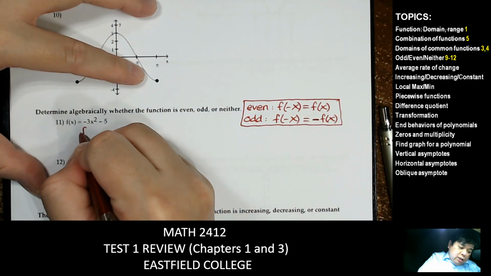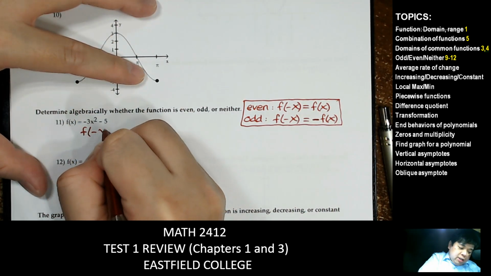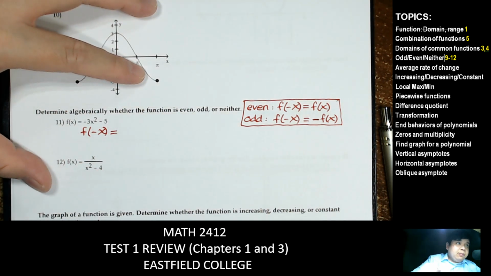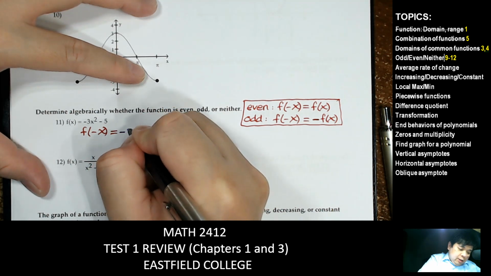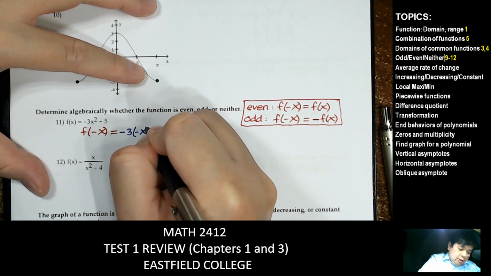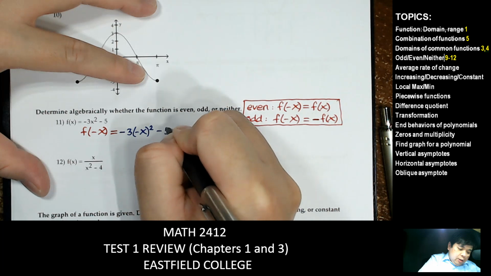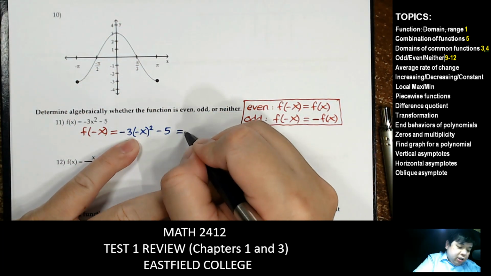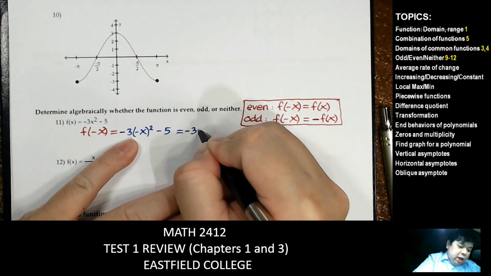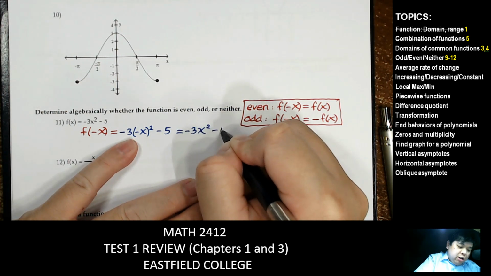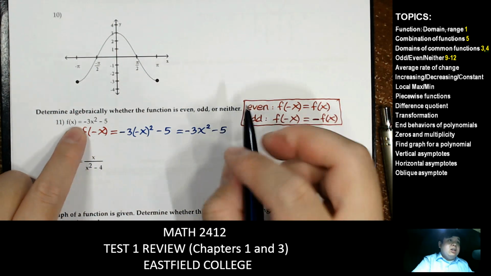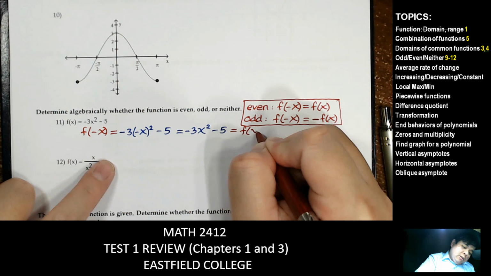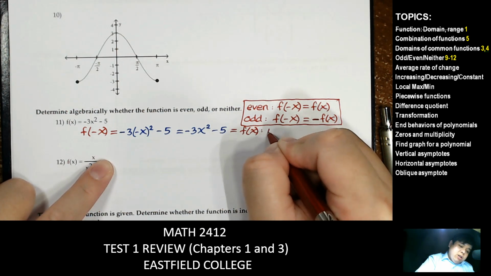For this one, we start with f of negative x. On three negative signs, that will be negative 3x squared minus 5. And that is exactly as the original function. So that's why this one is even.